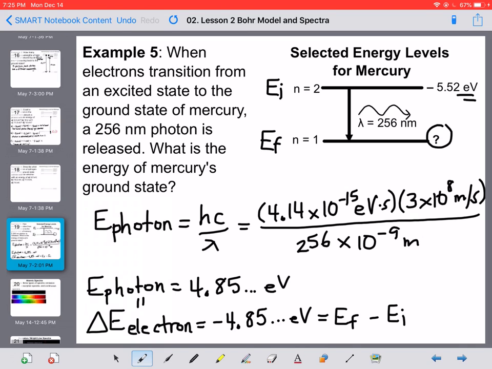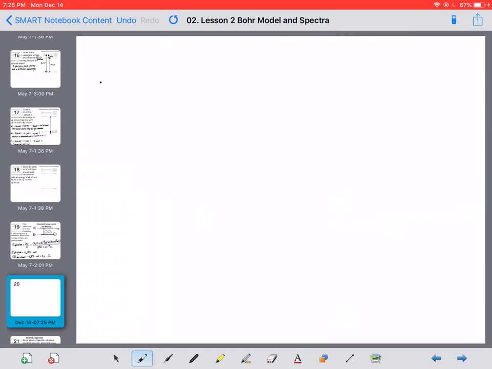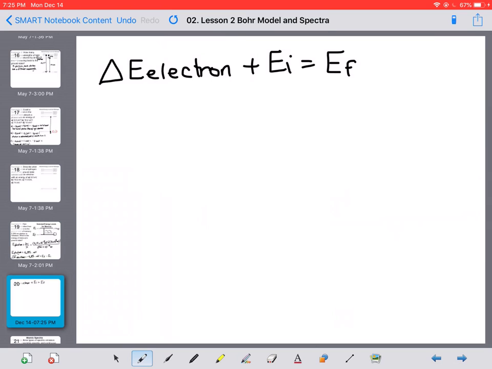So here we're looking for the final energy. So what we'll do is write it like this: change in energy for the electron plus the initial energy is equal to the final energy.